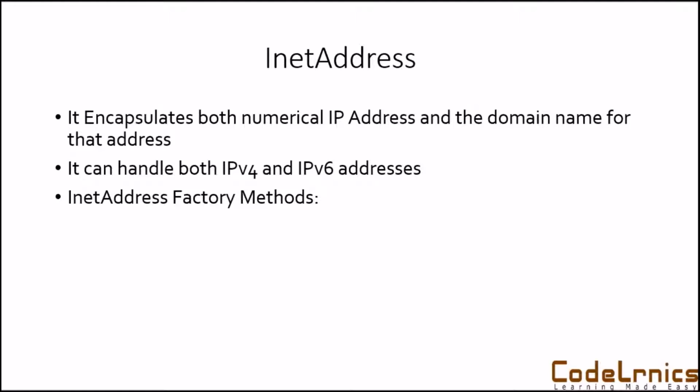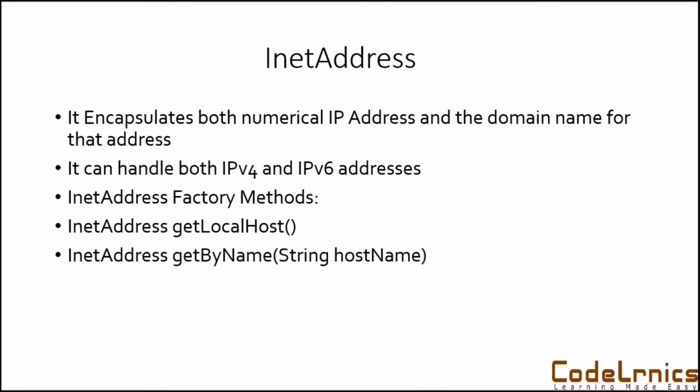The first is getLocalHost. The getLocalHost method returns the InetAddress object which represents the local host. The second is the getByName method. If you pass the host name as a parameter, like www.google.com, it will return the InetAddress, which is the IP address of the host name www.google.com.